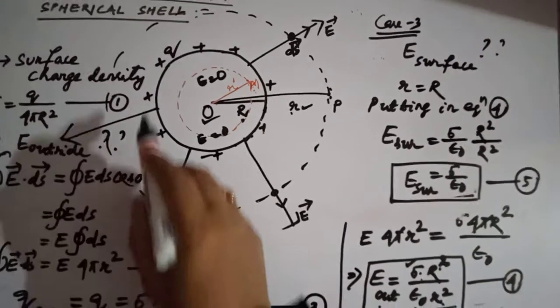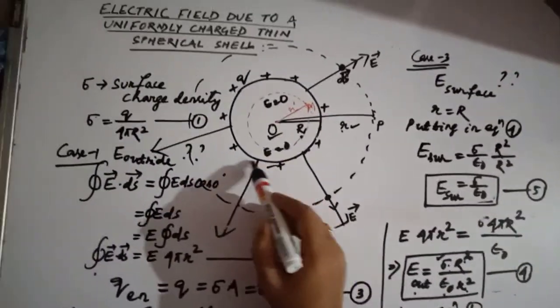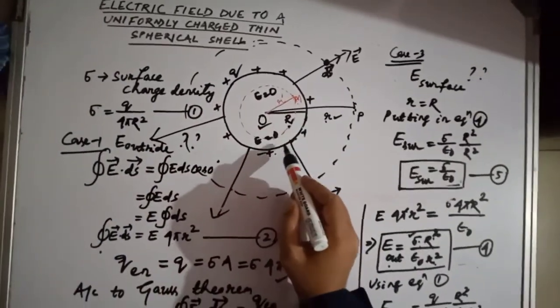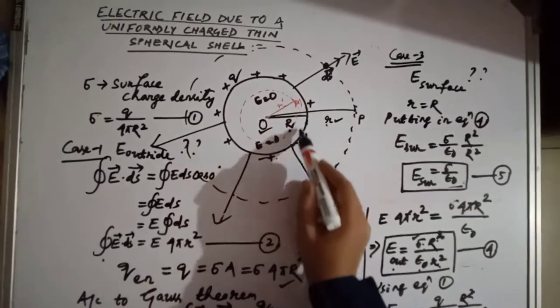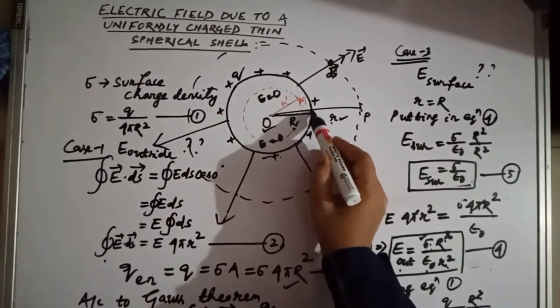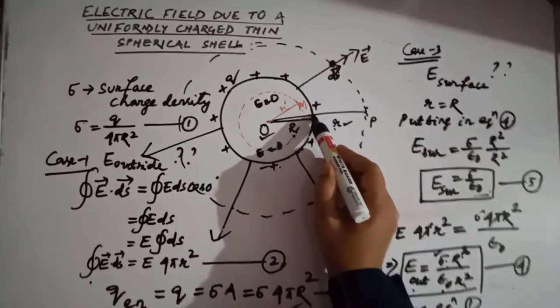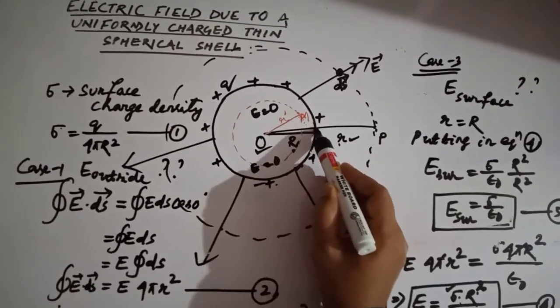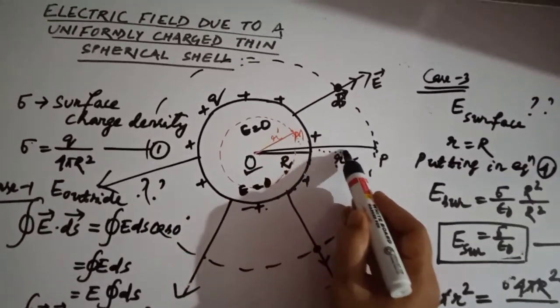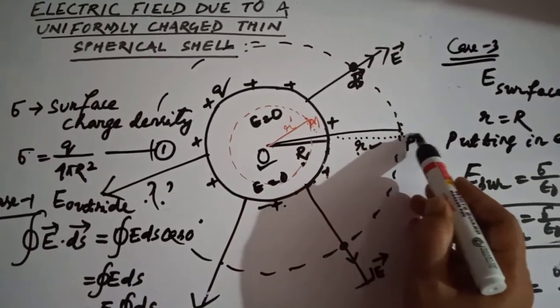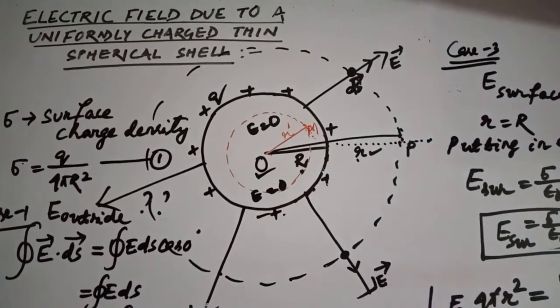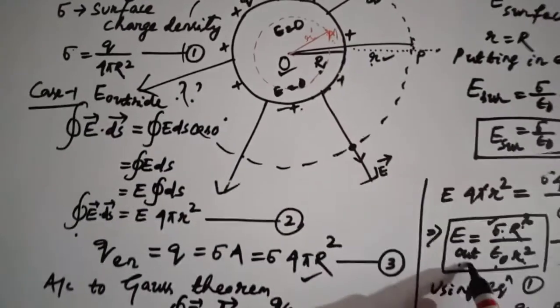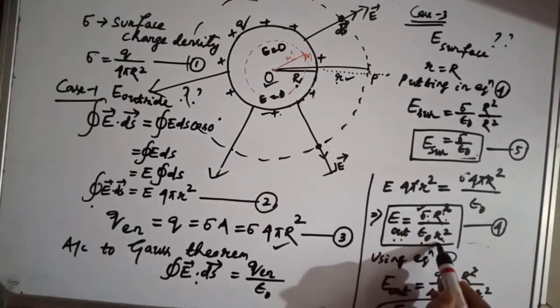So let's summarize it. Due to this spherical shell, the electric field inside is 0. Suddenly the value on the surface is maximum, sigma by epsilon naught. If we move away, then the value of the electric field decreases. In this expression, E outside is proportional to 1 by r square.